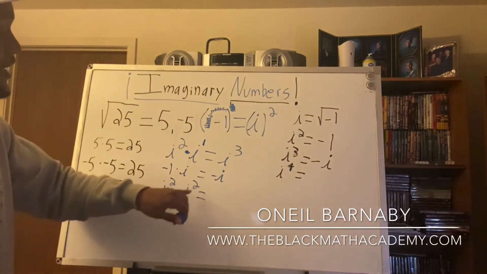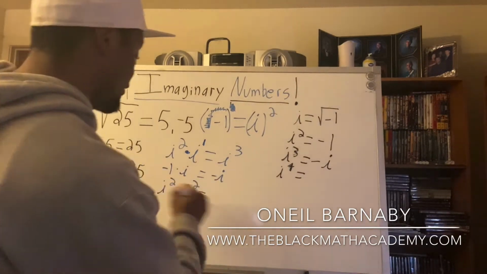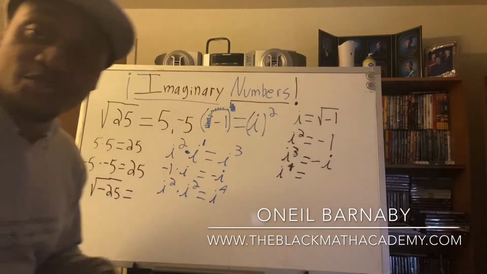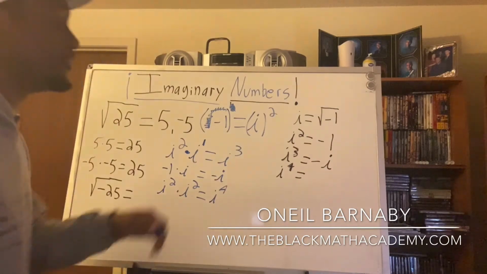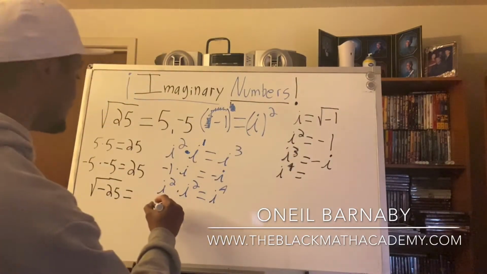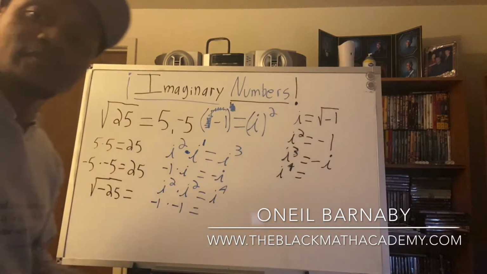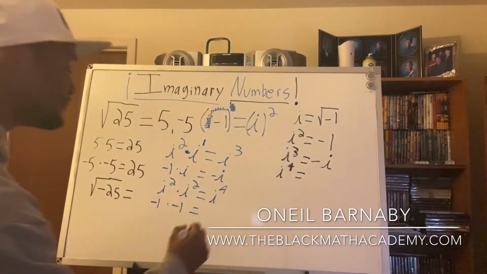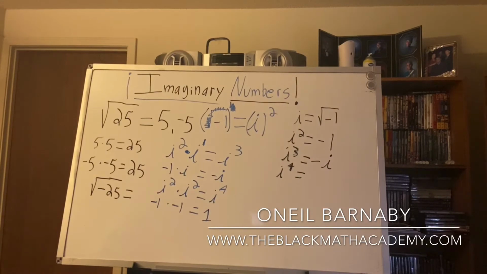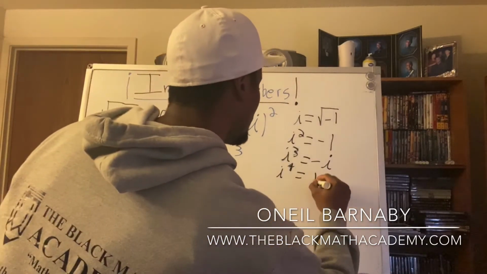So i squared times i squared will be 2 plus 2, and this ends up resulting in i to the 4th. And since we know exactly what i squared is, -1, what this is really saying is -1 times -1. And -1 times -1 is 1. So now we've just figured out exactly what i to the 4th is. i to the 4th is equal to 1.